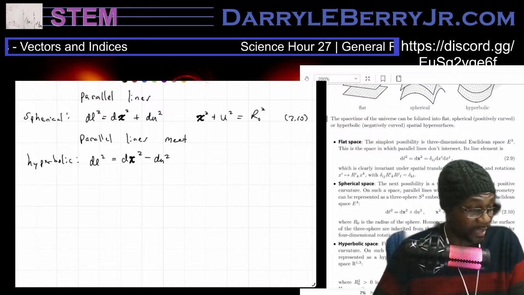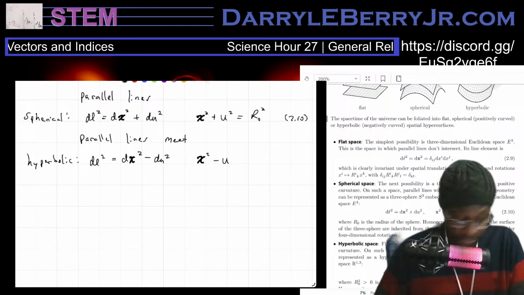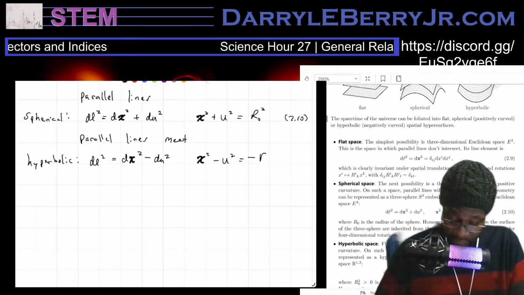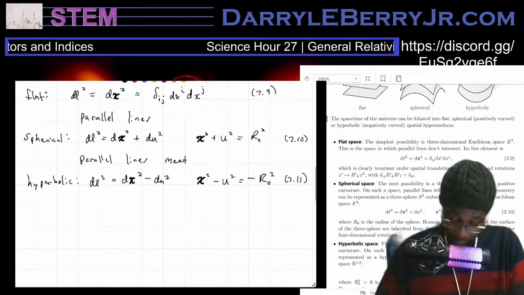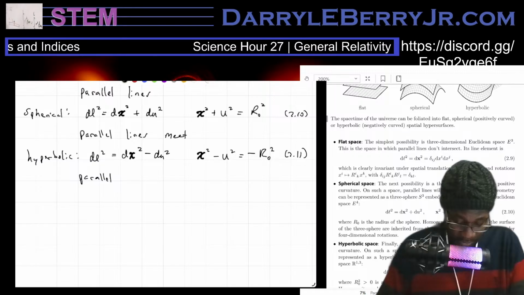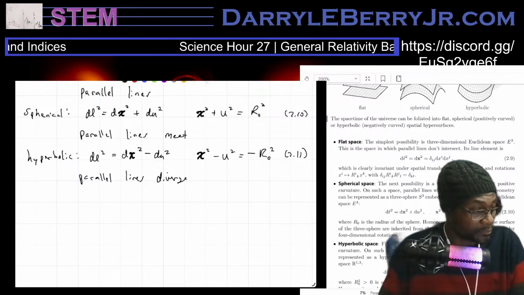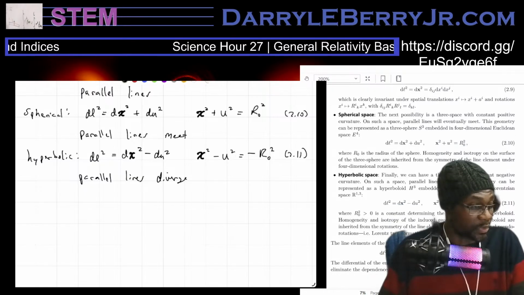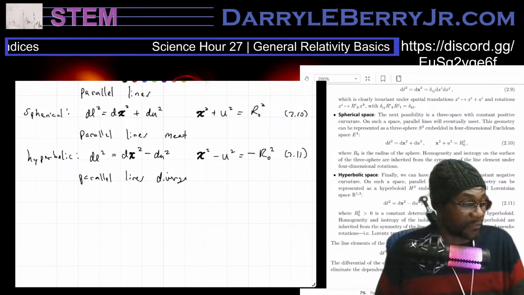You notice it's a minus rather than a plus as before. And x squared minus u squared equals negative rho squared, 2.11. And here, parallel lines diverge. The rho squared is greater than 0, a constant determining the curvature of the hyperboloid.